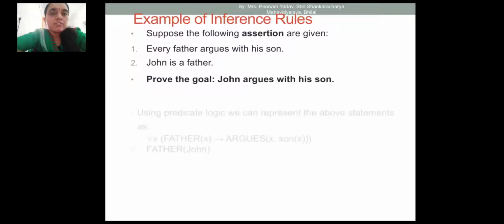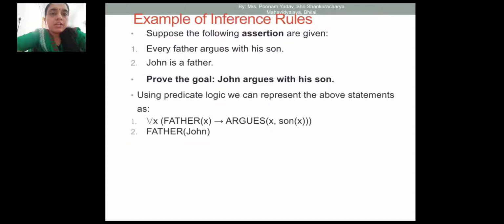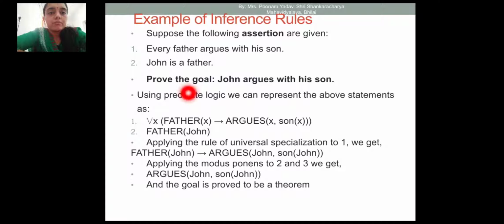John is a father. So for all x, father(x) implies argue(x, son of x), father(John). We represent these statements in predicate logic, and now replacing x with John, we get father(John), argue(John, son of John). So we conclude that John argues with his son.